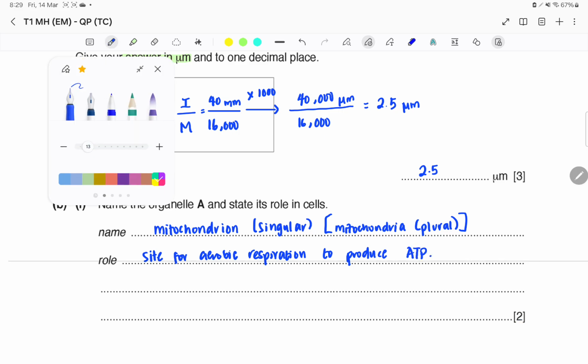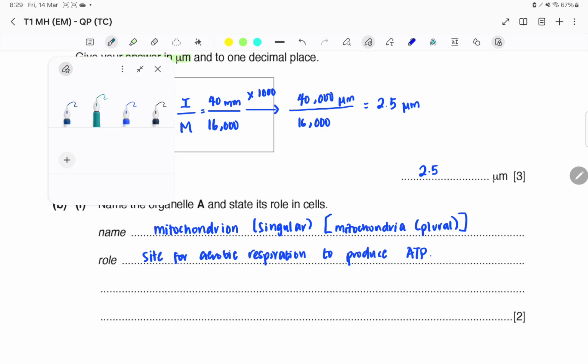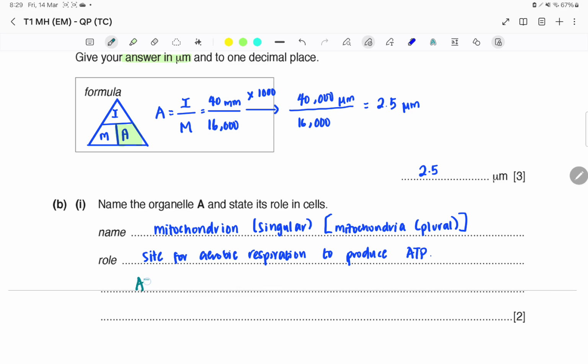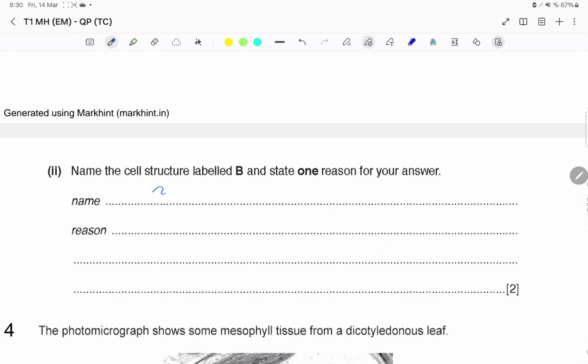A little bit of notes: remember that ATP is known as adenosine triphosphate. This is the energy that all living things utilize. Okay, that's the A-level answer. Now, structure B is the rough endoplasmic reticulum.